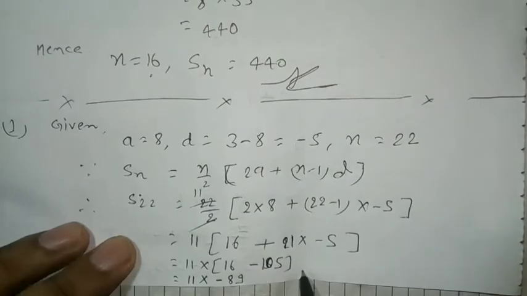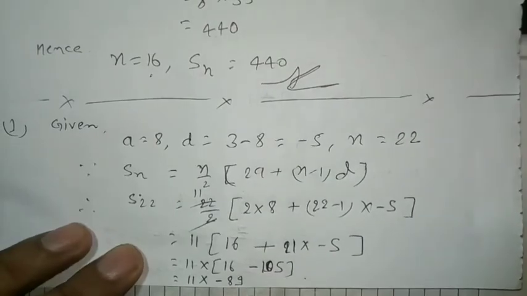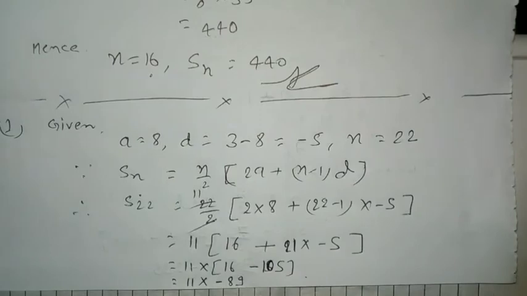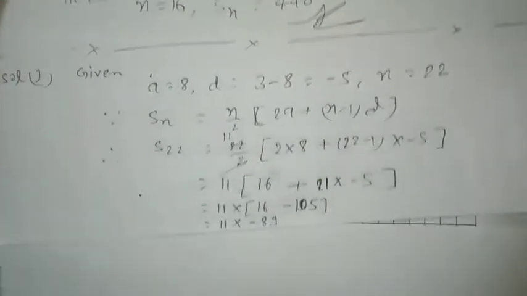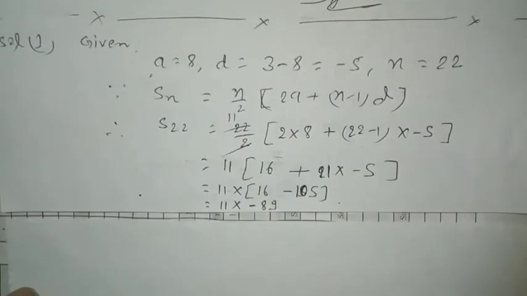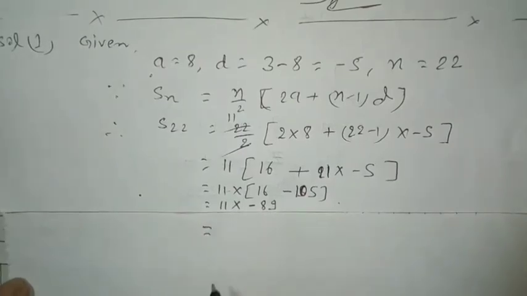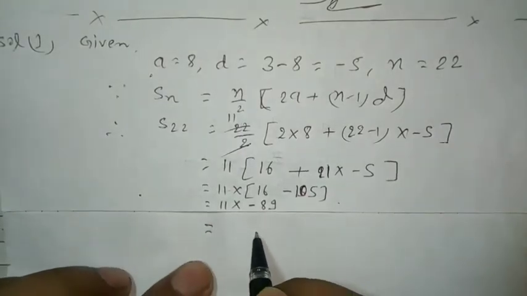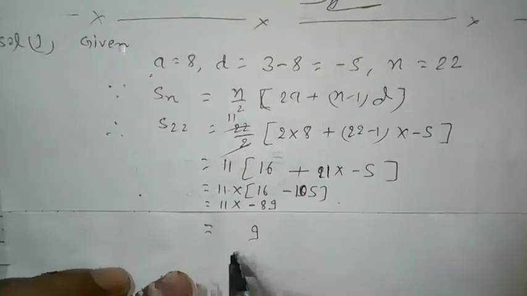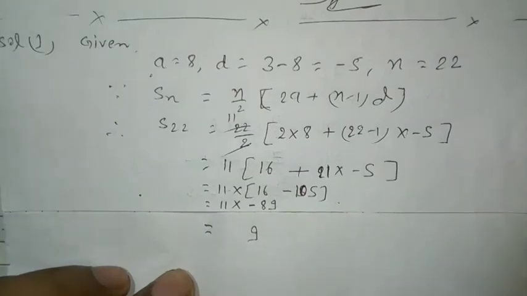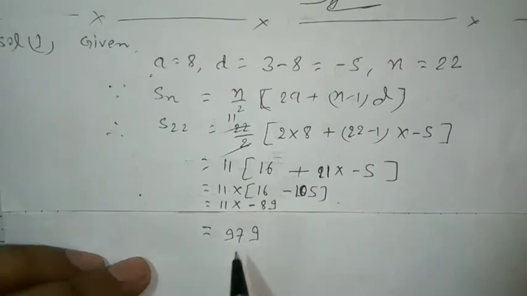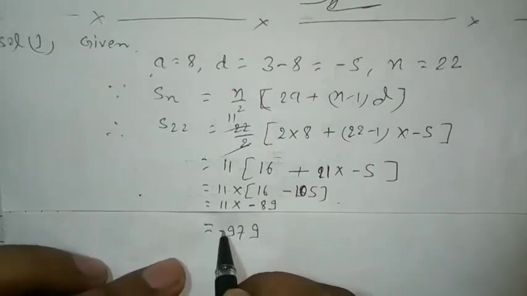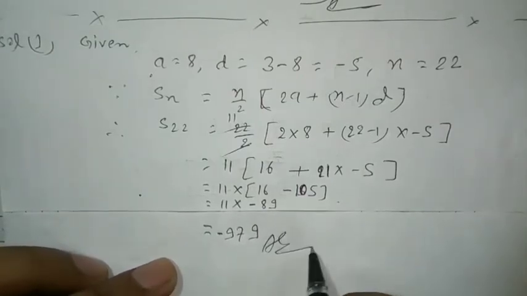So we can write, this is equal to 11 into minus 89, which is minus 979. This is your answer.